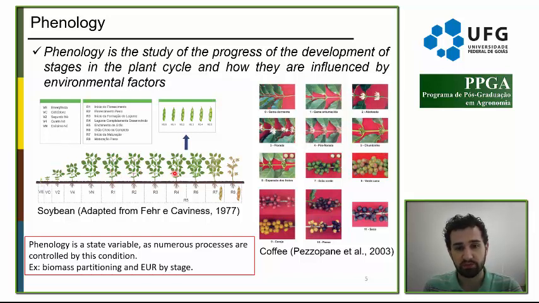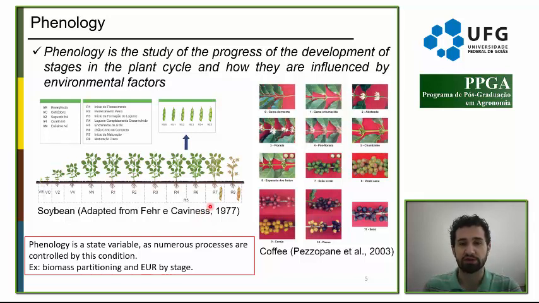And this will change until here when you have the grain filling period where the crop will put all the biomass production in the grain, and we will start the translocation of nitrogen from leaf to the grain. So this phenology will affect this process, for example.